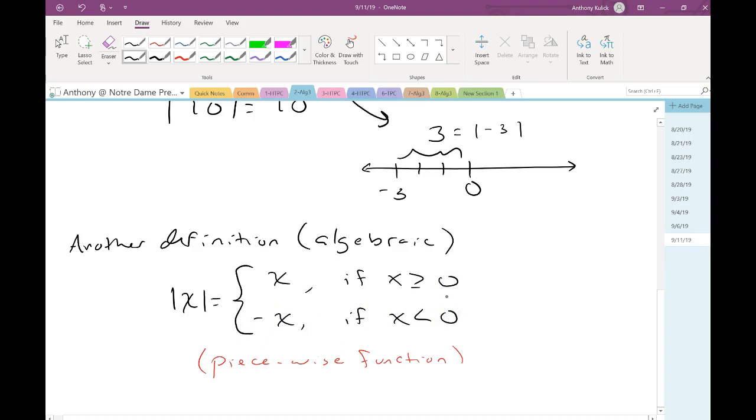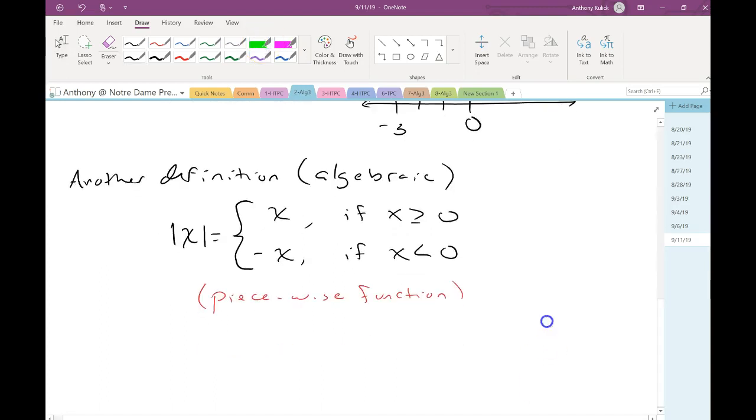So we call this a piecewise function because it has at least 2 pieces. And what the piecewise function is doing is it tells you to do one thing in one situation and something different in another situation.